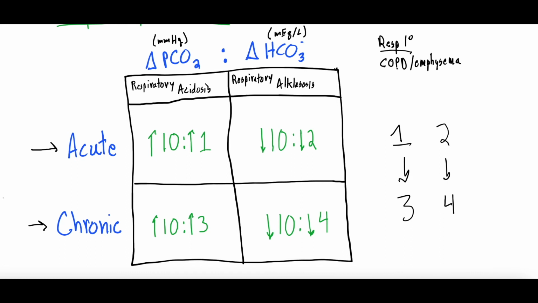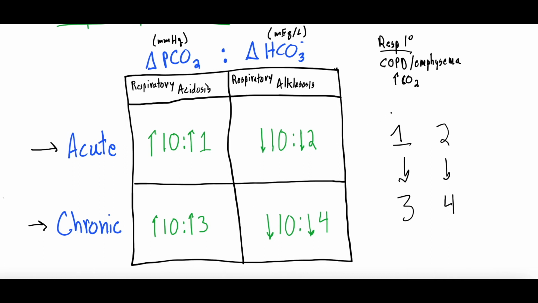you are a chronic retainer of CO2. So if you are a chronic retainer of CO2, your CO2 levels are always a little bit high, and your kidneys compensate a little differently for those constantly high CO2 levels. There's other diseases that cause this too. It's not just COPD and emphysema, but if you are a chronic retainer, then this is going to be different.